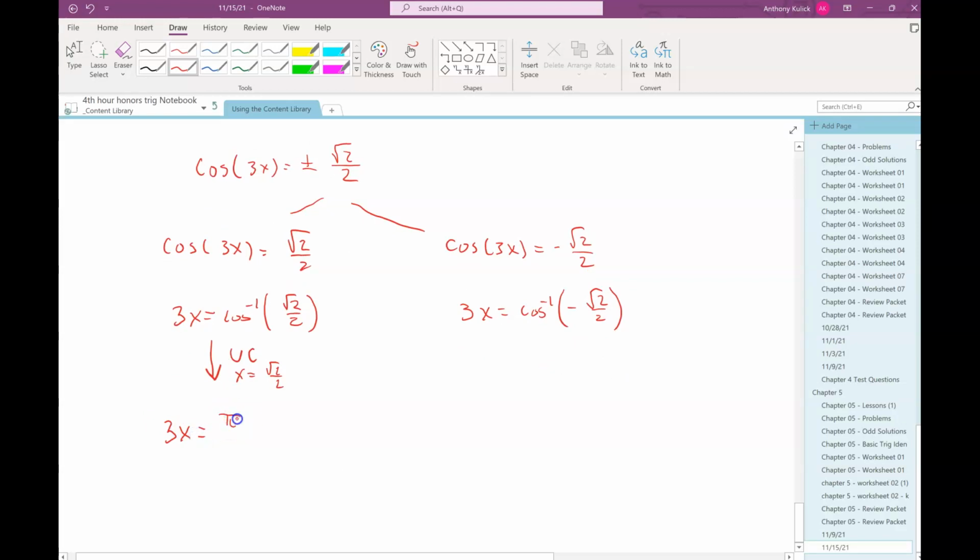So that happens at pi over 4, as well as 7 pi over 4. And on the other one, that happens at 3 pi over 4, and also at 5 pi over 4. And each of these needs what? Plus 2 pi k.